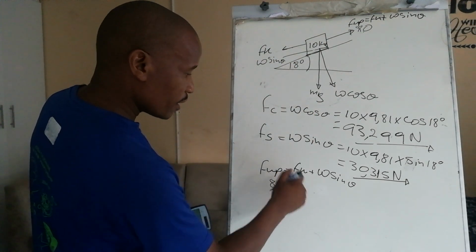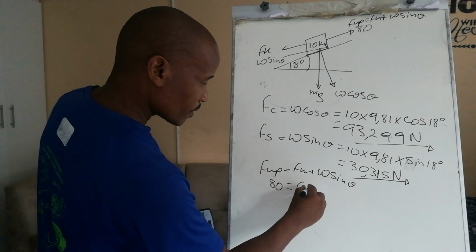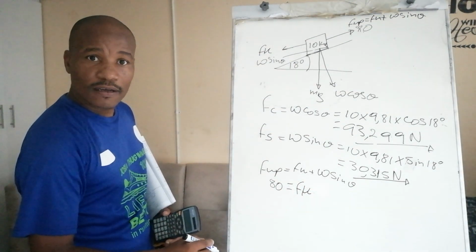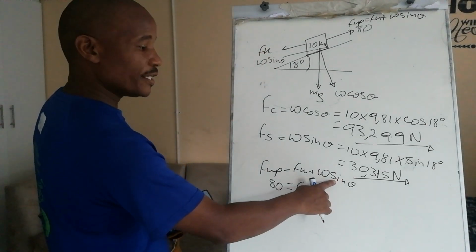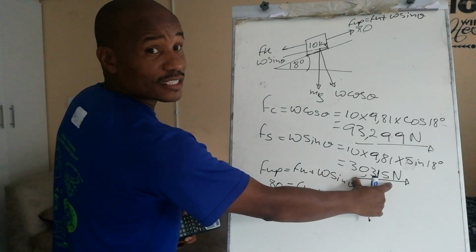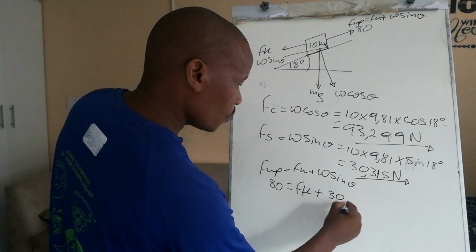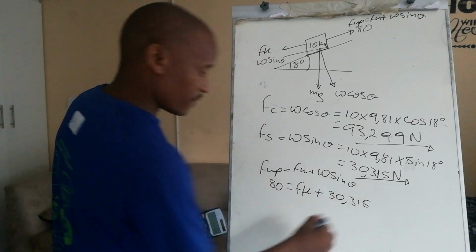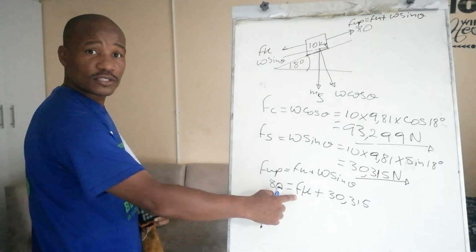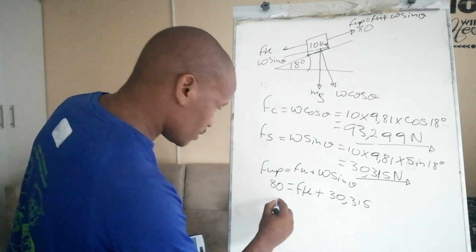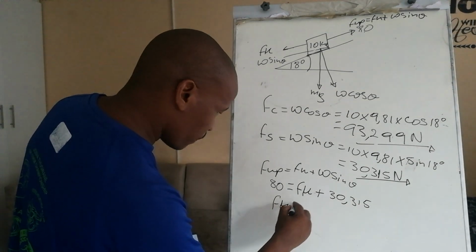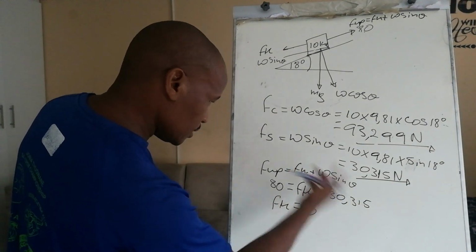It is equal to the frictional force, which is the one that you want, plus this one, which is calculated as 30.315. You just make the frictional force, the force that opposes motion, the subject of the formula. The frictional force is equal to 80.